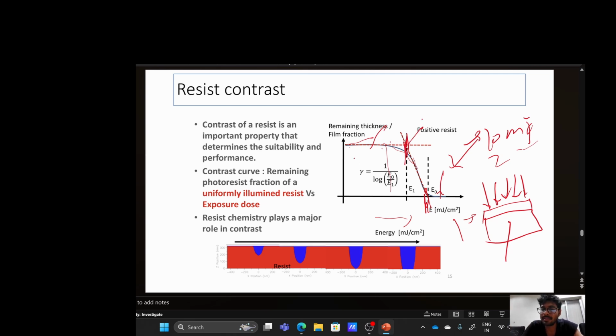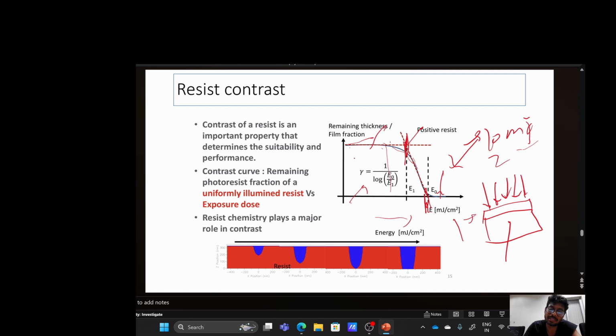This is the gamma contrast factor. This resist contrast can be calculated with this formula: gamma equals 1 over log of E1 by E naught, using the slope.